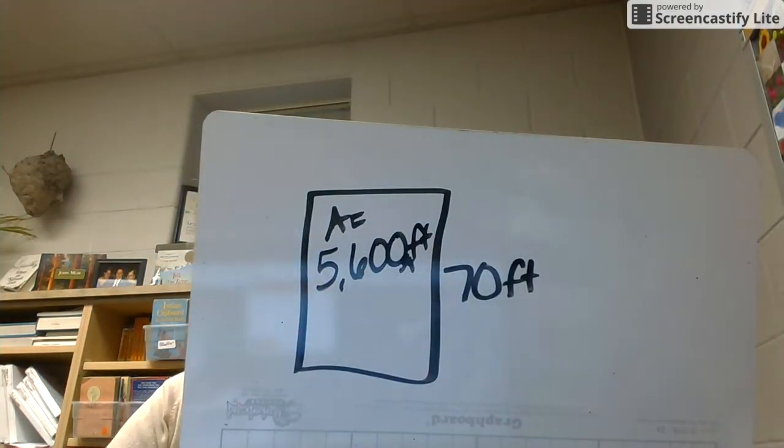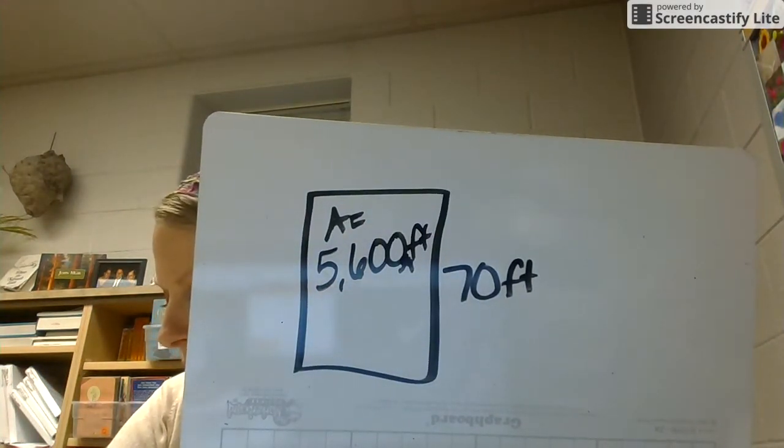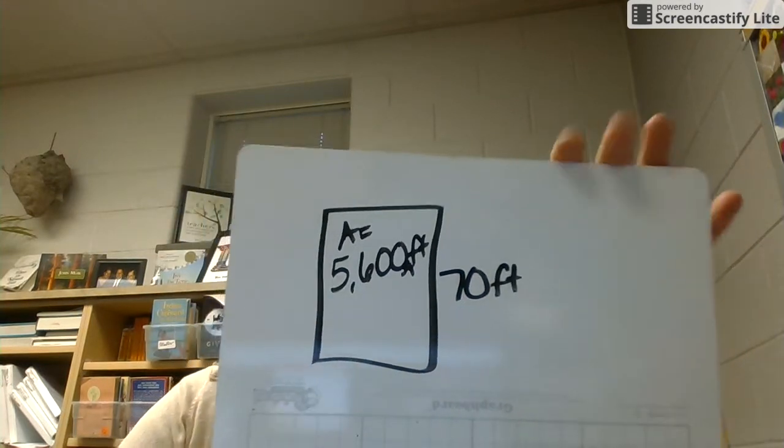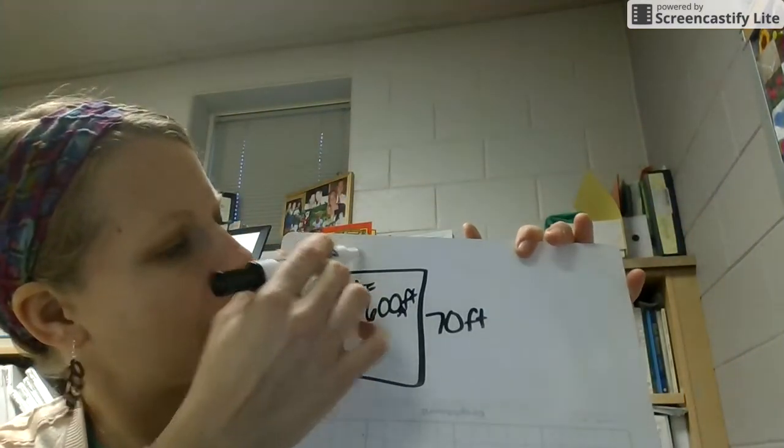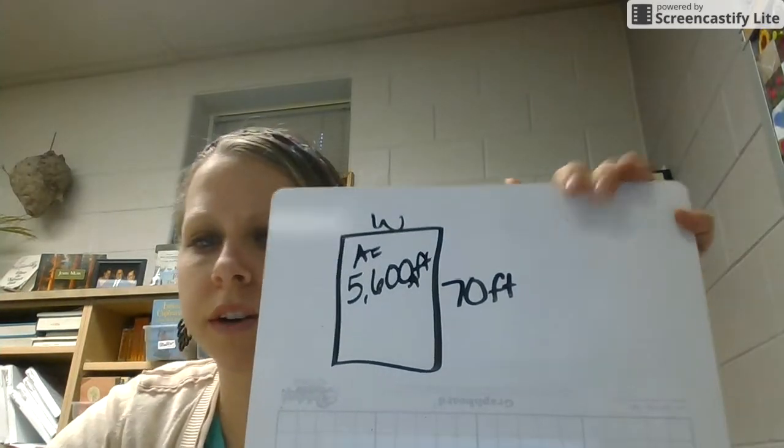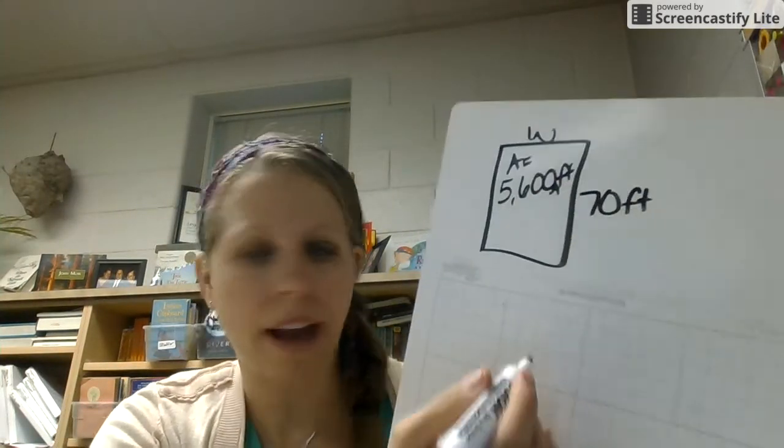Okay, giving you another one here. 5,600 square feet is this rectangle. My length is 70. I want to know my width. Okay, so again, we're going to do our number model so we can see what we're looking at.